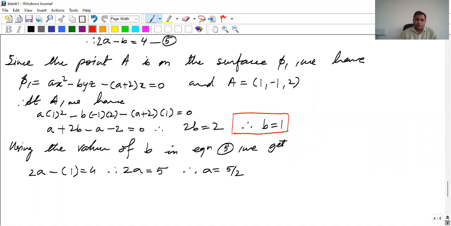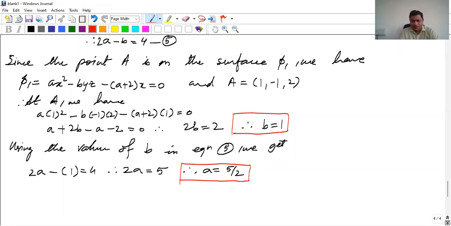Is that okay? Yes, sir. Okay, so we got the value of a and the value of b, and with these values of a and b, the scalar surfaces phi 1 and phi 2 will be perpendicular to each other at the given point.